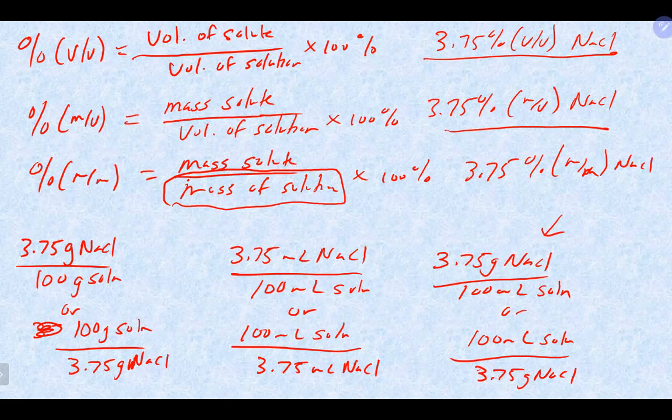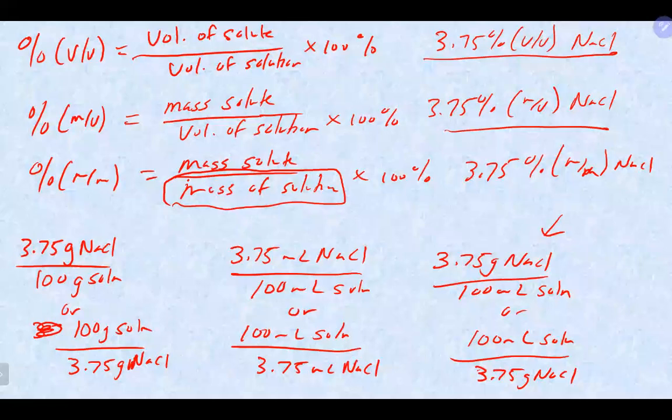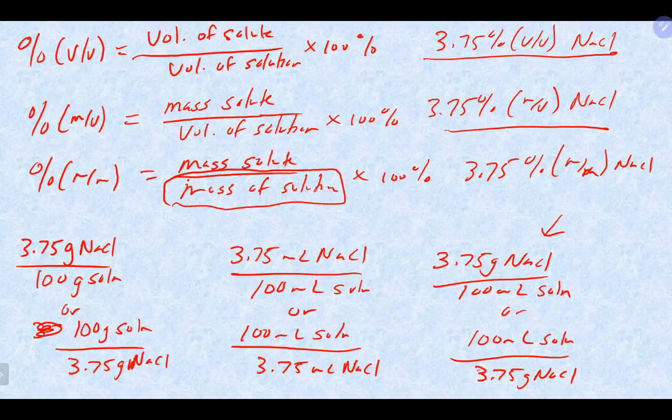Volume to volume is milliliters over milliliters typically, and obviously mass to mass is grams over grams. Any questions on any of those? Again, for all those, you can stick it back into the original formula and solve it that way. Or if you want to do more of a dimensional analysis approach and you're given the percentage, you could turn them into usable conversion factors. Any questions on any of that?